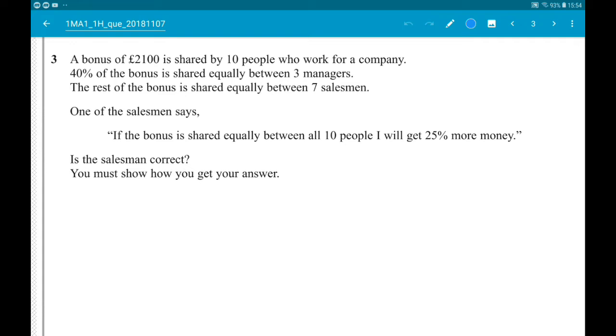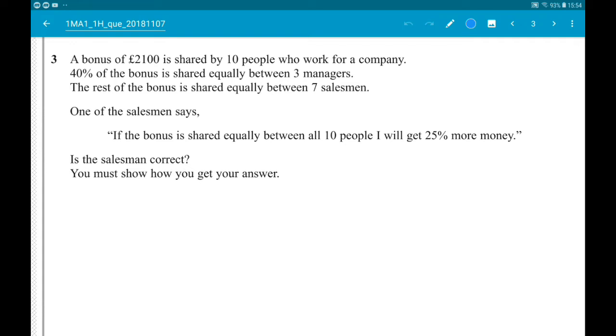One of the salesmen says, if the bonus is shared equally between all 10 people, I will get 25% more money. Is the salesman correct? You must show how you get your answer, of course.